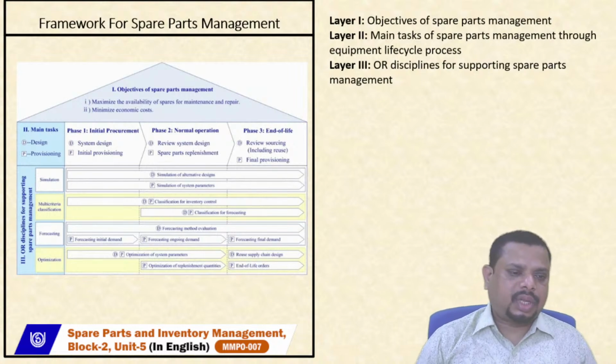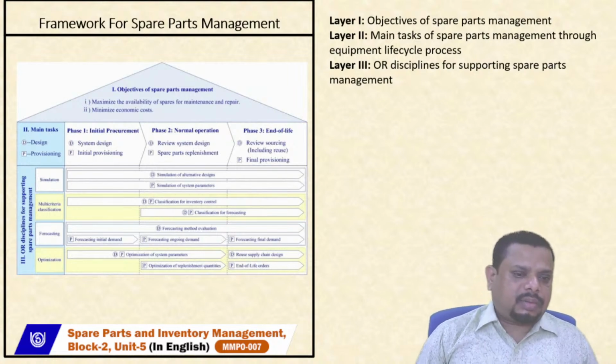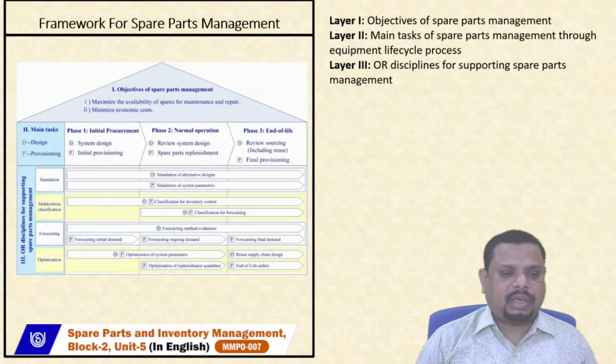After forecasting, there is forecasting method evaluation. That means forecasting initial demand, then ongoing demand, then final demand. These provide the optimum results for maintaining the framework for spare parts maintenance.